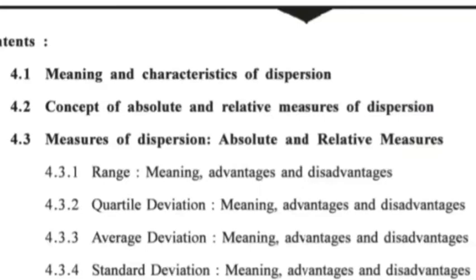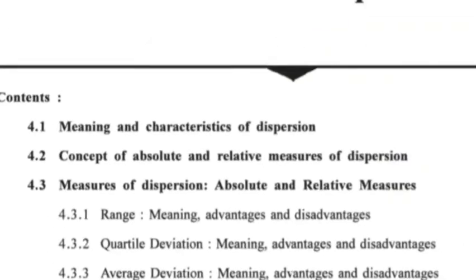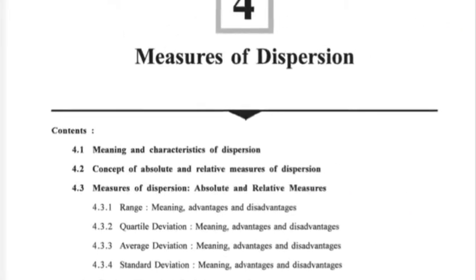Also, along with that, we'll see what is range, its advantages, disadvantages, sums related to the range, quartile deviation, its meaning, and how to calculate the sums related to quartile deviation, and also its advantages and disadvantages, the average deviation, and also the standard deviation, and also the combined standard deviation, which is one of the important topics of measures of dispersion, right?